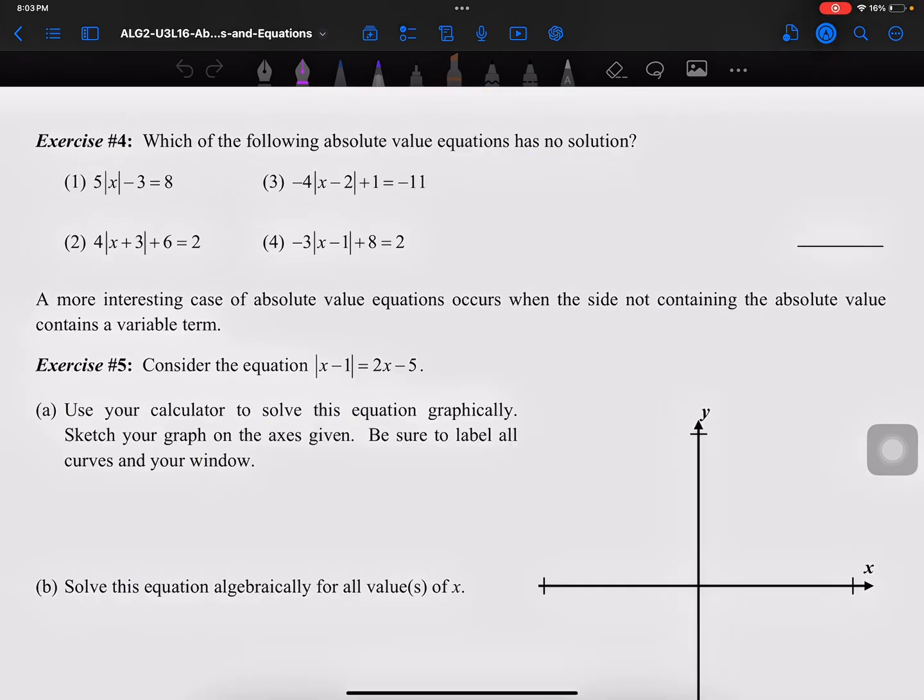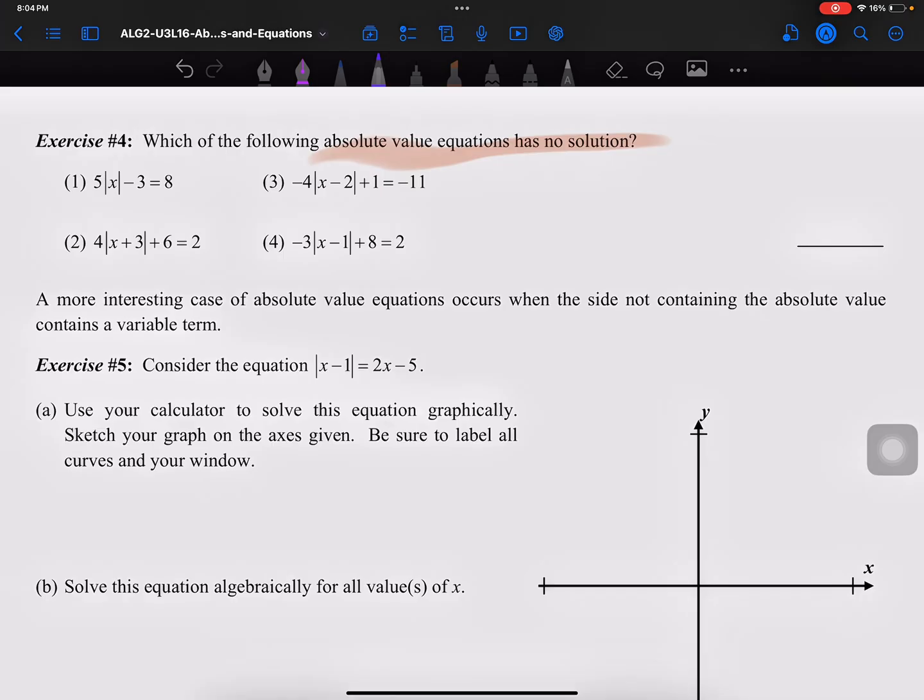Okay, for exercise 4, asking which absolute value equation has no solution. Which one is it? So absolute value is never negative. If you isolate absolute and get a negative number, say no solution.